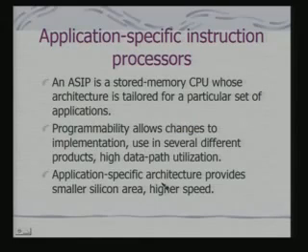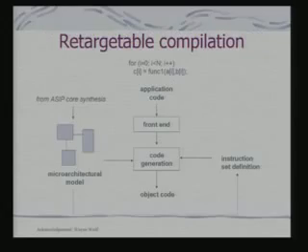So programmability allows changes to implementation using several different products and high data path utilization. That means you have the ability to configure the architecture of a processor depending on the applications, not the major part, but at least the registers, the cache size and those elements. But the key problem in this case remains how your software tool will behave. Will you design a software tool for each and every variant of the processor that you are producing?